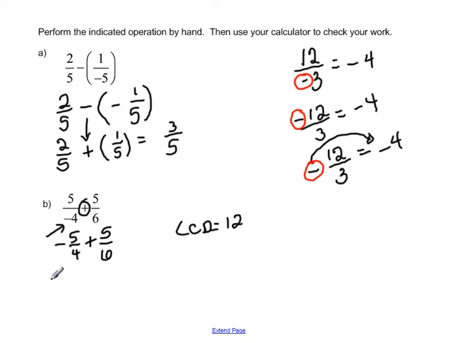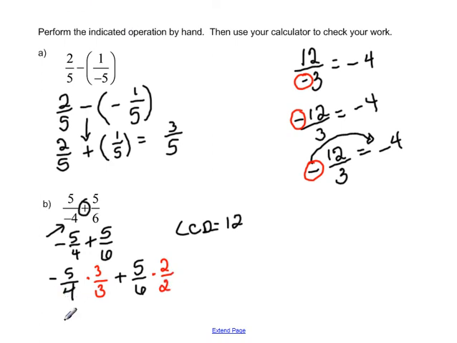So for the first one, negative 5/4, well, to build that to that common denominator of 12, we're going to have to multiply that by 3 over 3. And then to that we're going to add 5/6, but we have to build it to a common denominator as well, and because the 6 would have to get multiplied by 2, we're going to multiply this by 2 over 2.